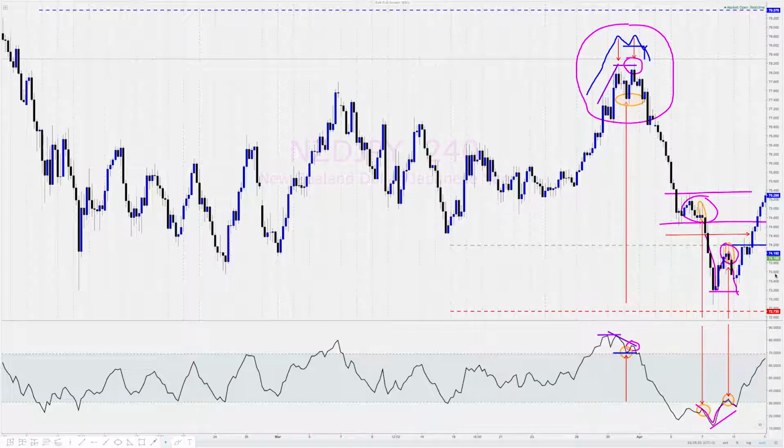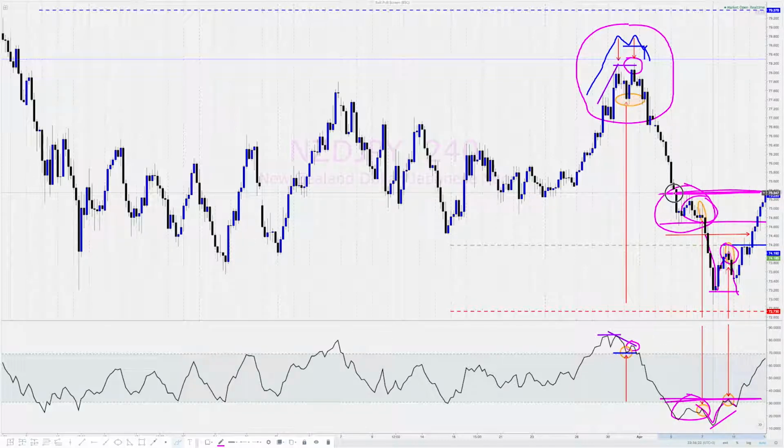Let's see. We might be setting up another move to the downside. RSI is climbing. So we have this area here, and the corresponding area on the RSI is here. Now, RSI has broken this level here, but price hasn't broken the level.